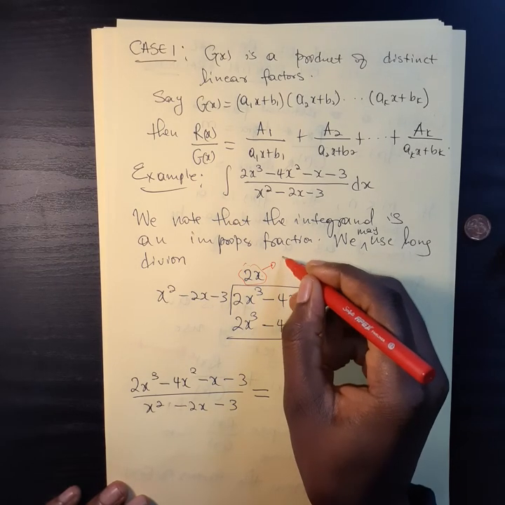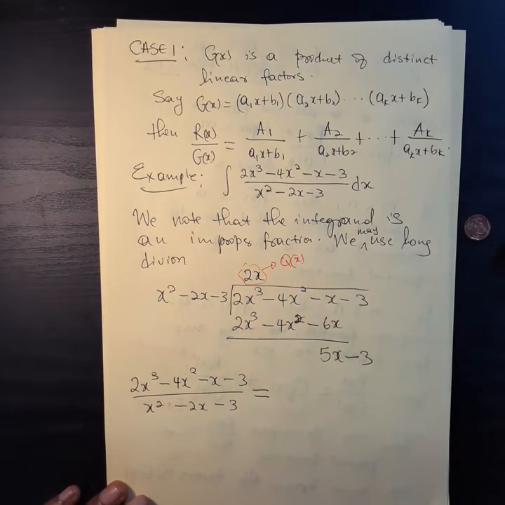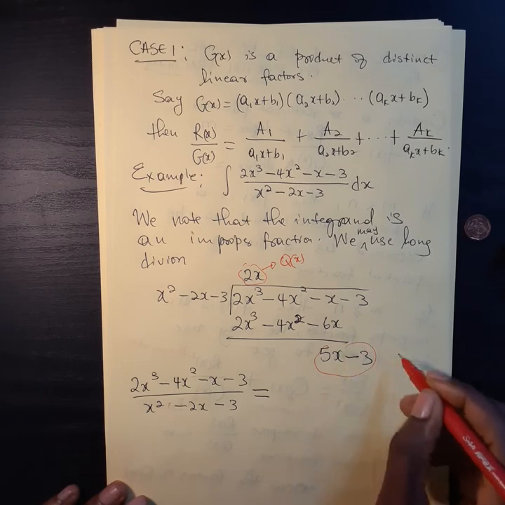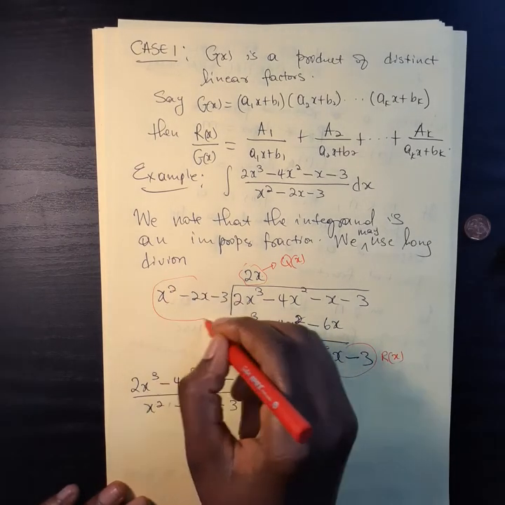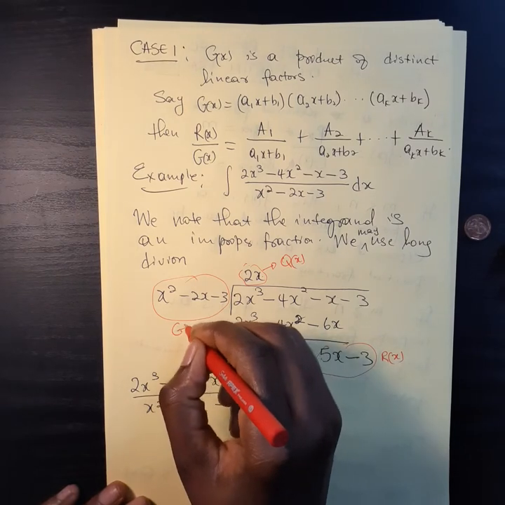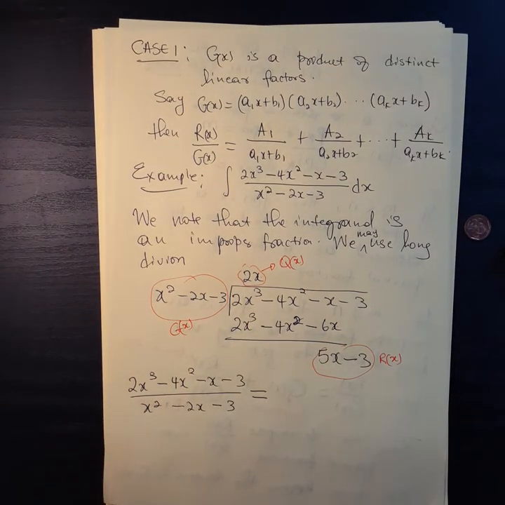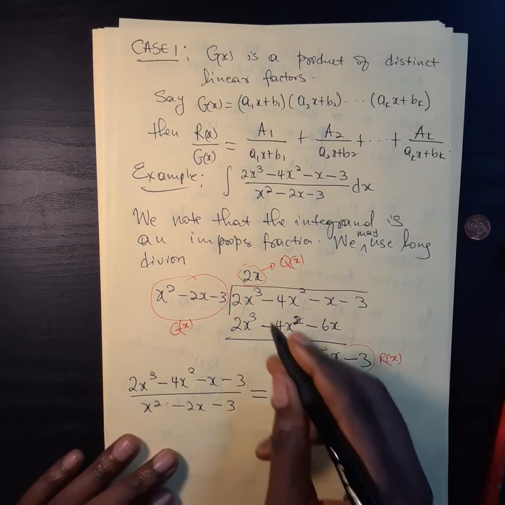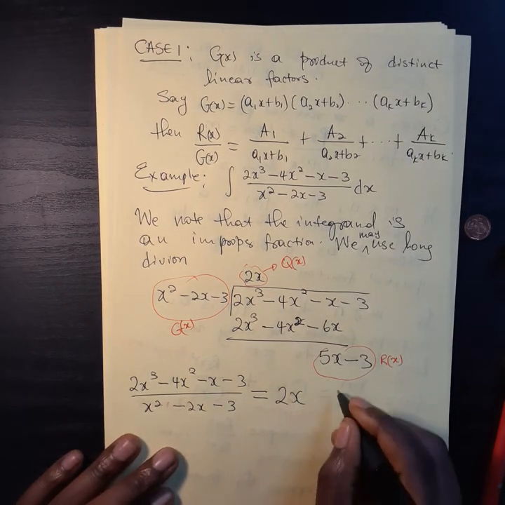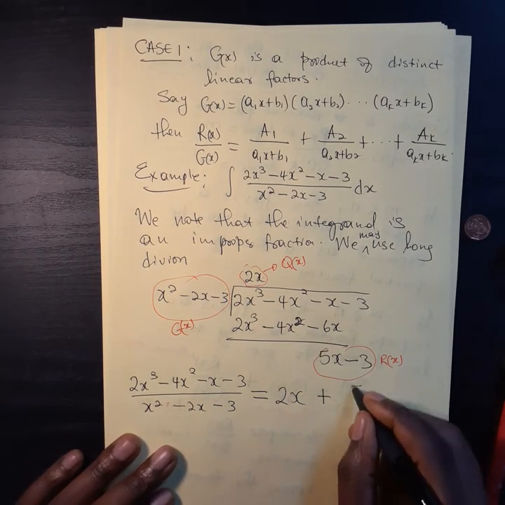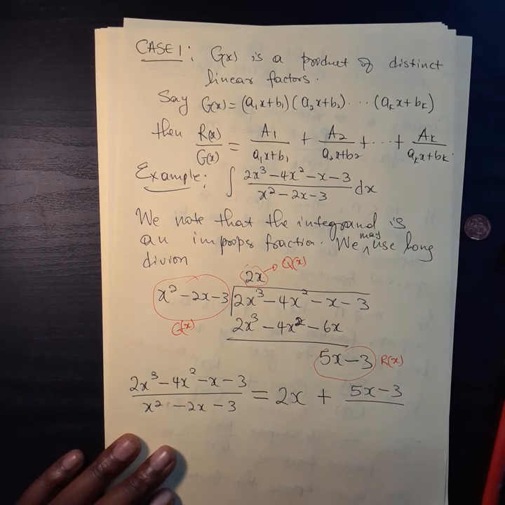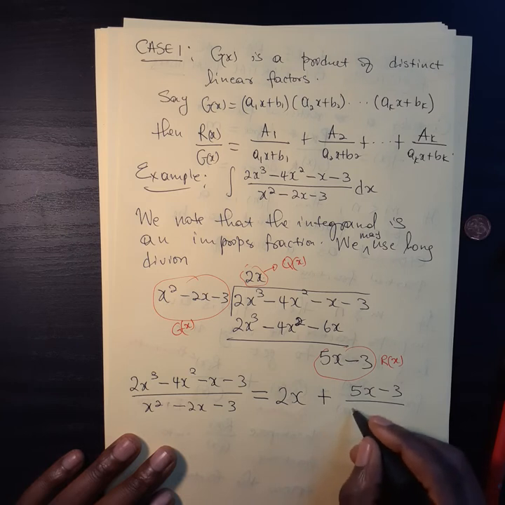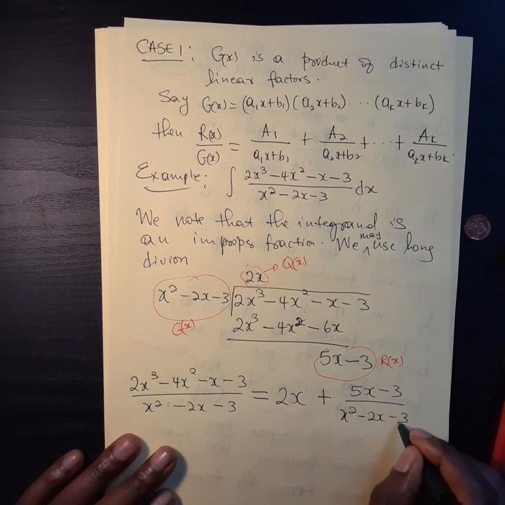This is our remainder. This is our divisor, like that. So it's the quotient, which is 2x, plus the remainder, which is 5x minus 3, divided by the divisor, which is x squared minus 2x minus 3.